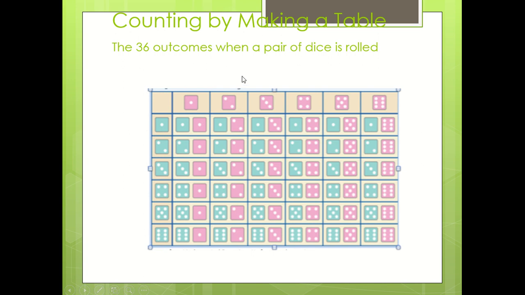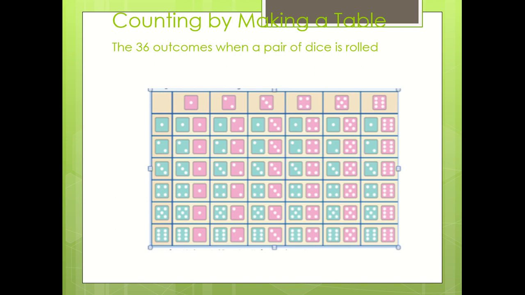Aside from counting by making a list, we can also count by making a table. This is true especially if we are going to deal with a multi-stage experiment. A multi-stage experiment has two or more sets of outcomes.